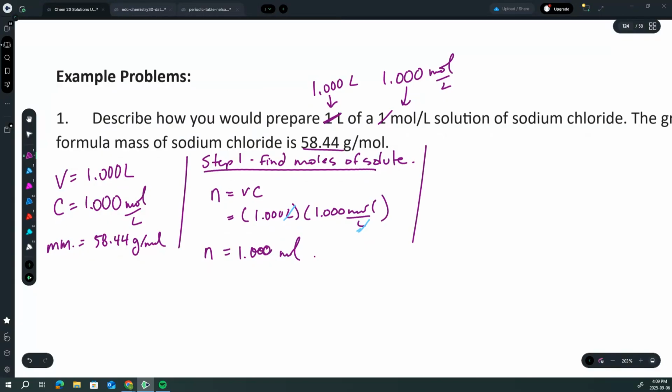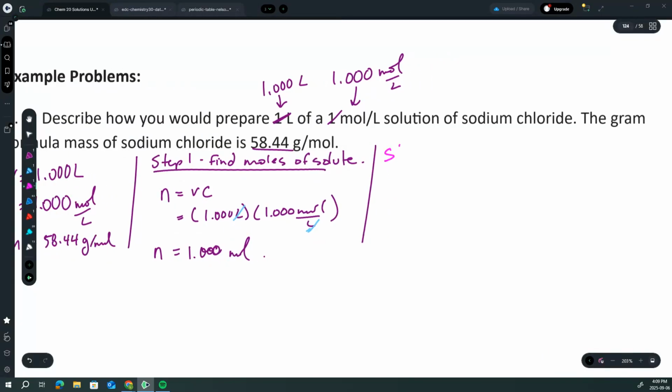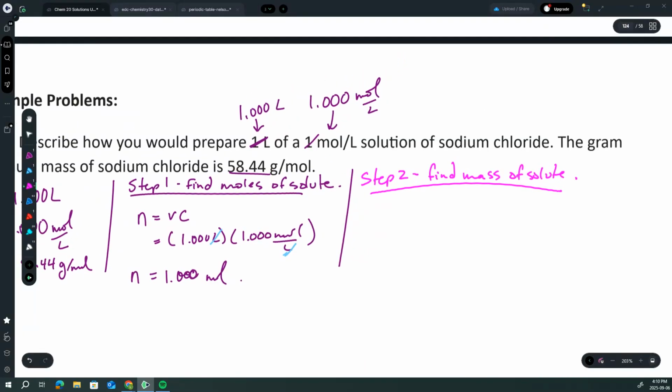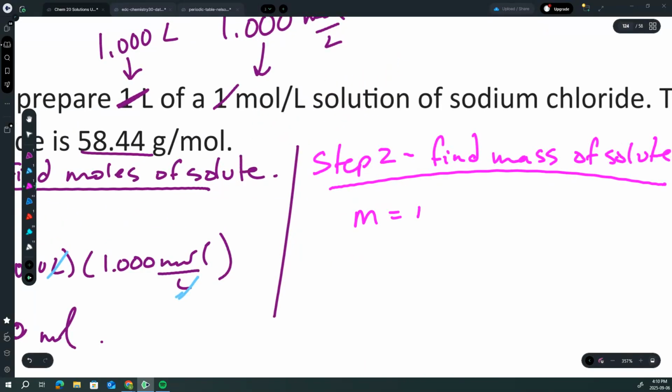All right. Now step 2, find mass of solute. So this is where we use mass is equal to moles times molar mass.